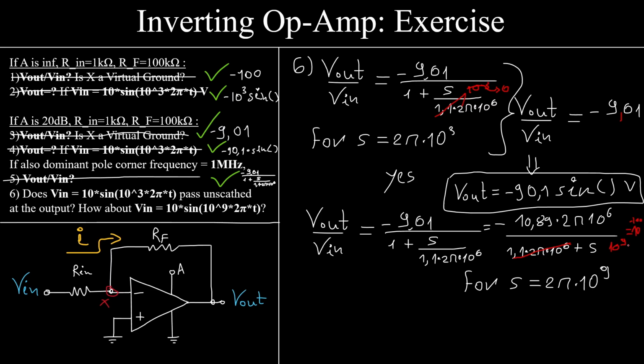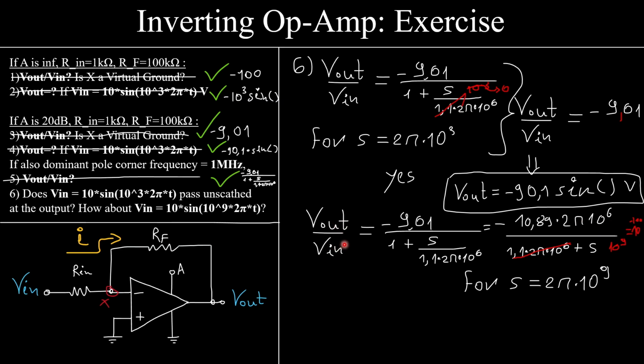Minus 100. That means that this gain downscales the input by 100 times. Now we see how detrimental is this corner frequency inside this op-amp, this cutoff frequency. So the gain is 100 times lower.